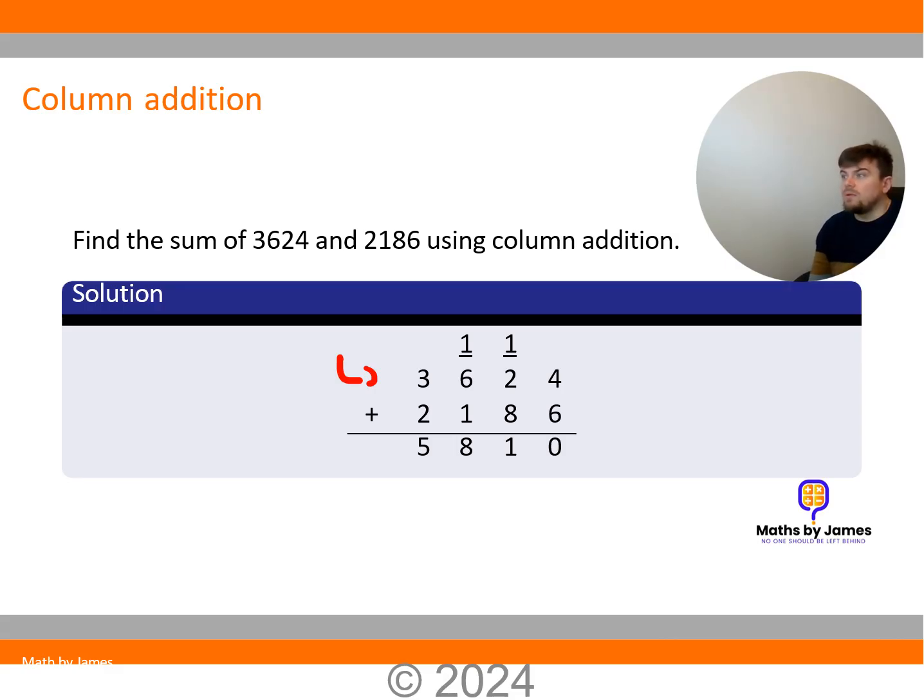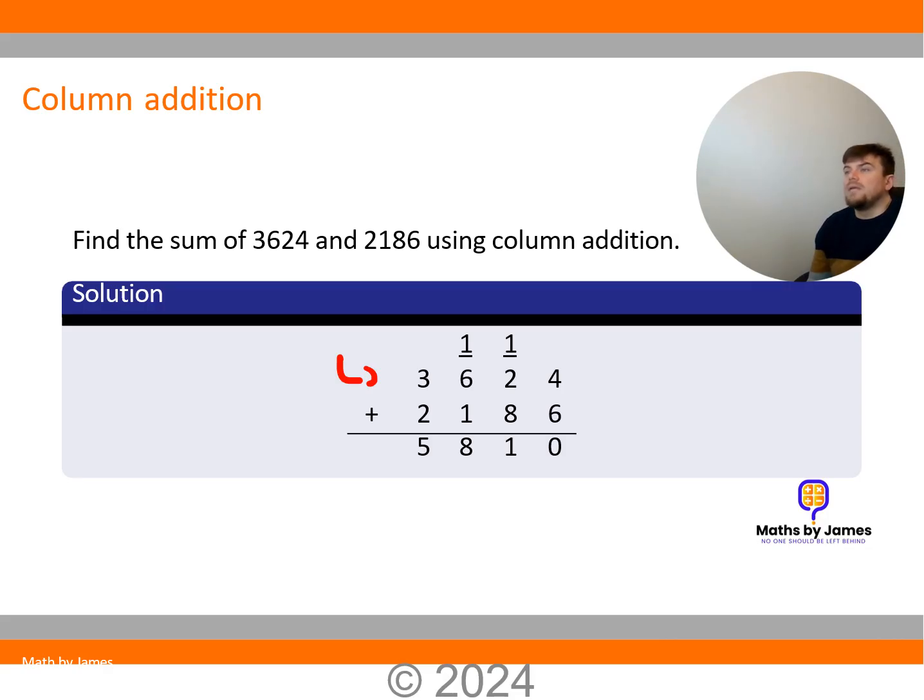We've got to line them up: ones in the ones, tens in the tens, hundreds in the hundreds, thousands in the thousands. And I will keep saying that because it's so important to this exercise and your understanding of numbers as well.